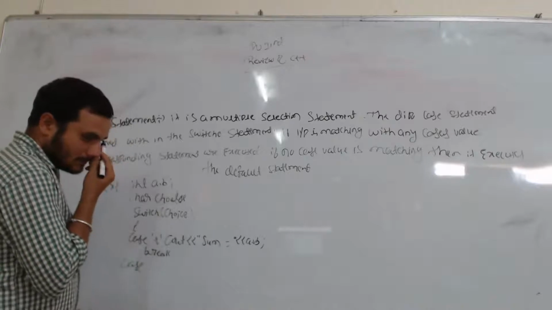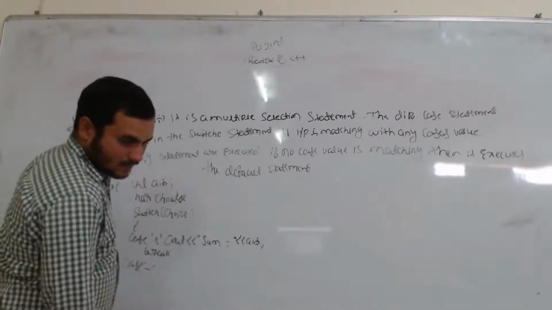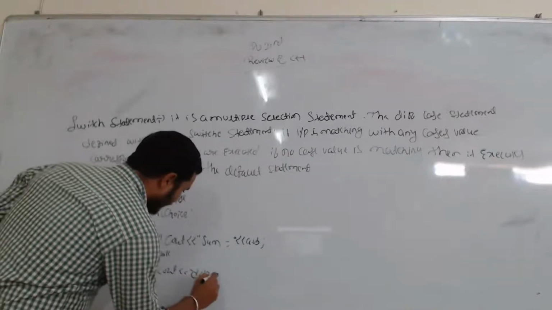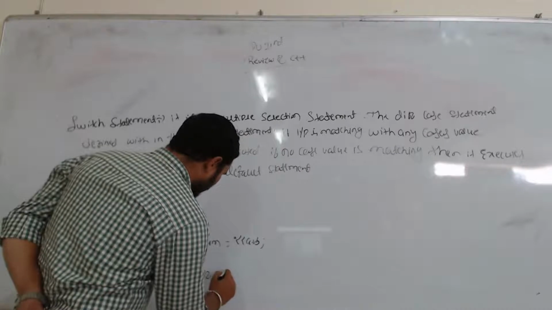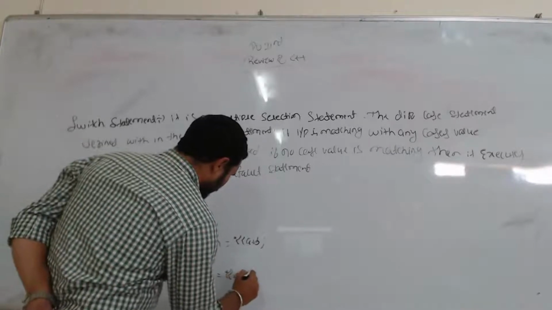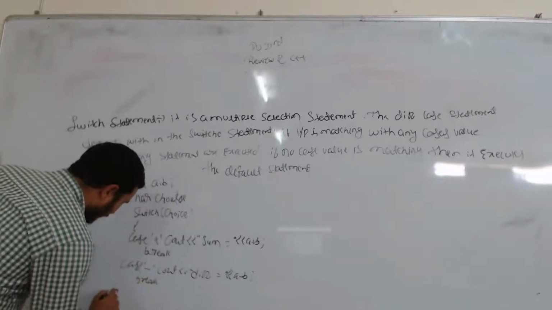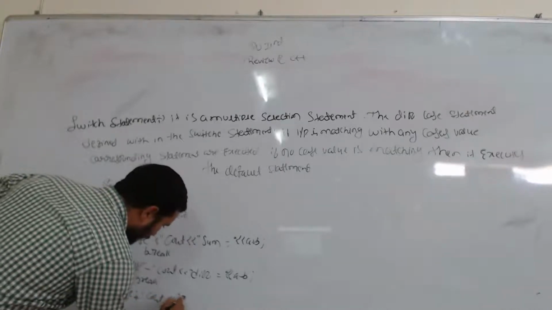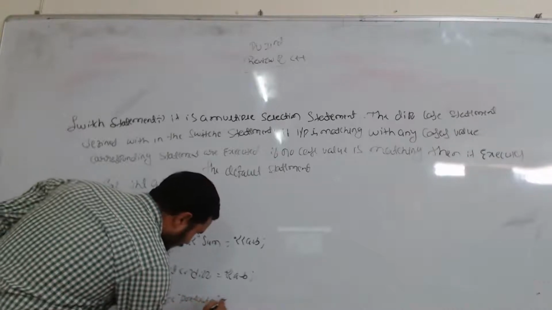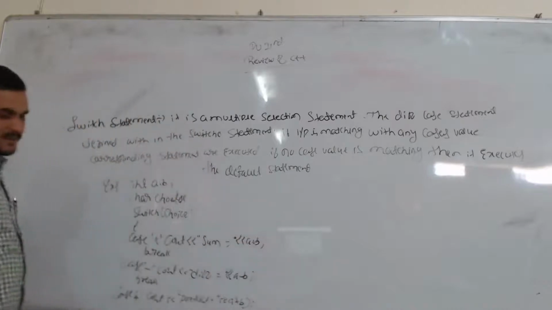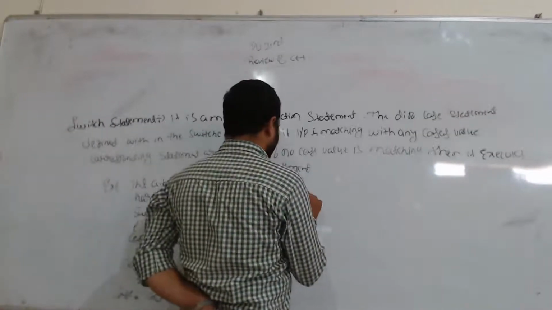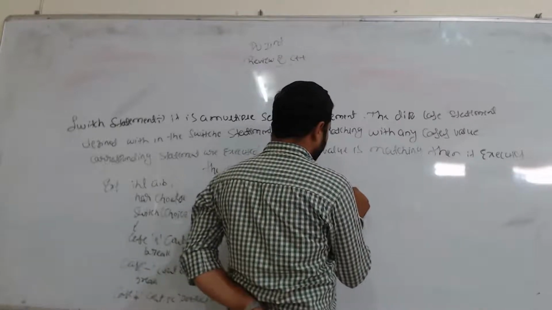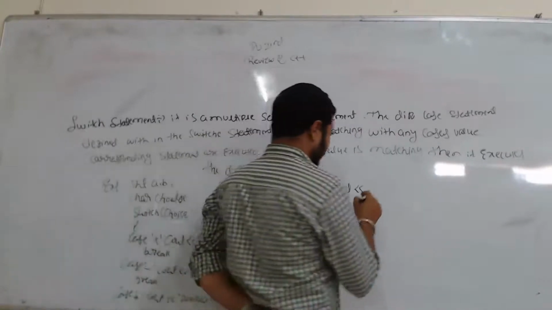Case 2: cout difference, break. Case 3: product. Then default: cout invalid choice.